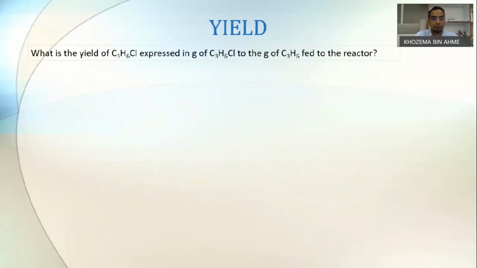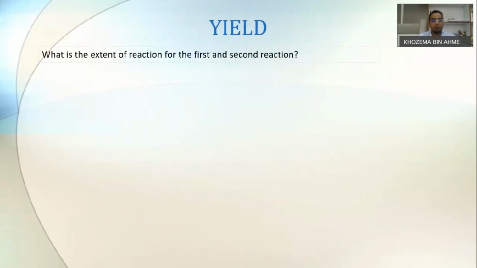The next one is: what is the extent of reaction for the first and second reaction? Again, the formula for extent of reaction is equal to the final mole minus the initial mole divided by the stoichiometric coefficient. For equation 1, since we already know the product, our HCl or our chloropropane, we can just use that value to find our extent of reaction.